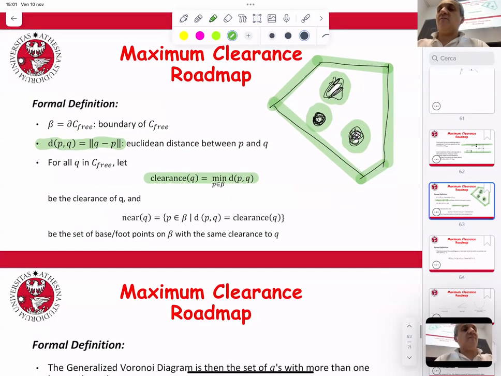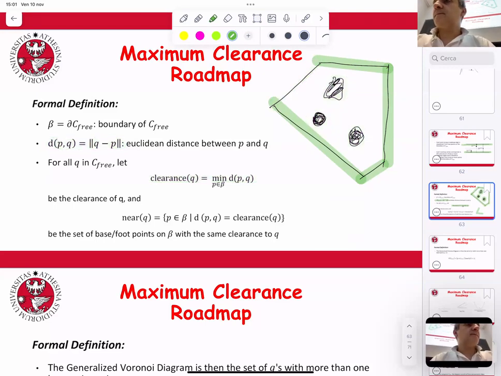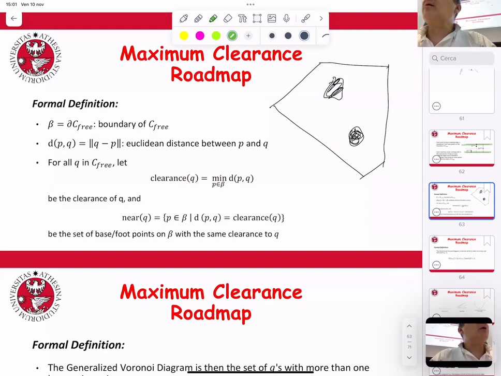So if you have a situation like this, I take this point here. If this is P, Q is the closest point, and this is Q. You travel around the frontiers of your obstacle, and you find the points which are at the minimum possible distance from Q. Now, there are cases in which these points can be more than one.